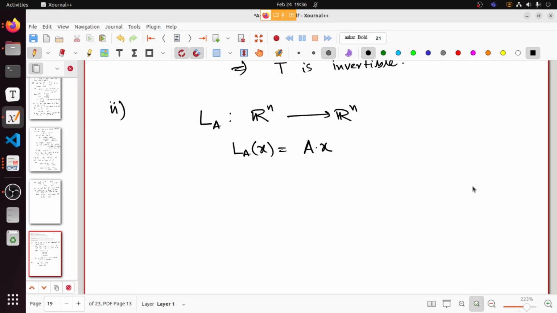So let A be the matrix with entries A11, ..., A1n in the first row, down to An1, ..., Ann, right?